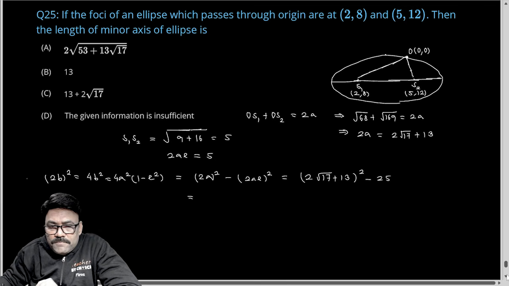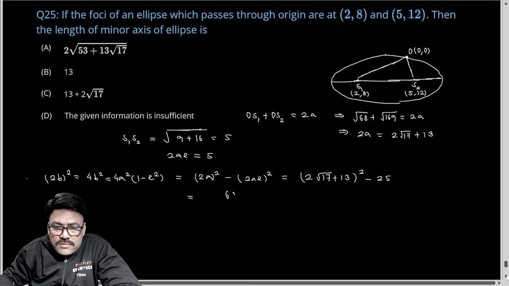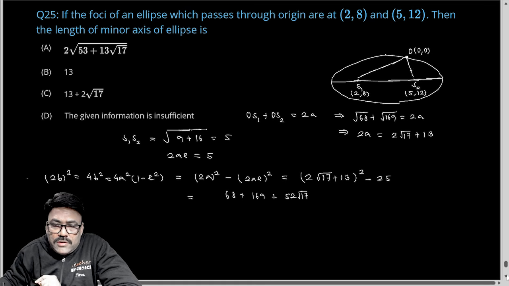So you are getting what? You are getting here 4 into 17, 68, plus 13 square 169, then 52 root 17 and minus 25.